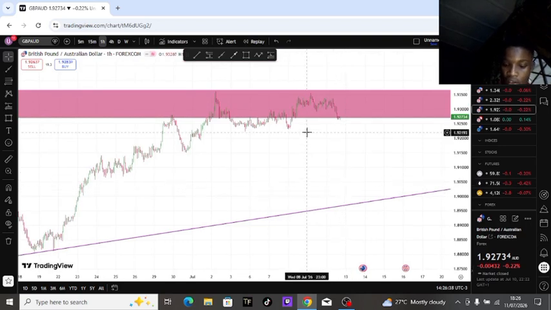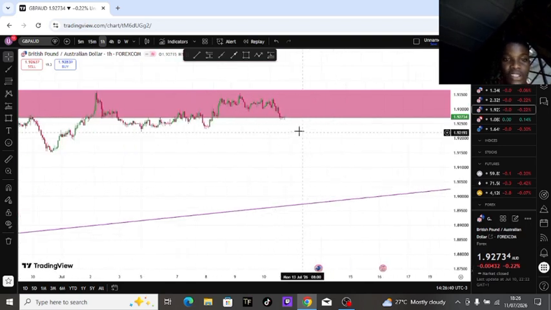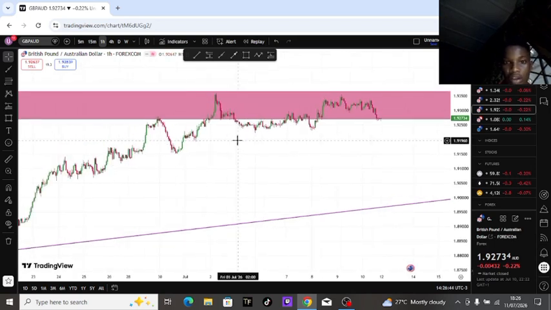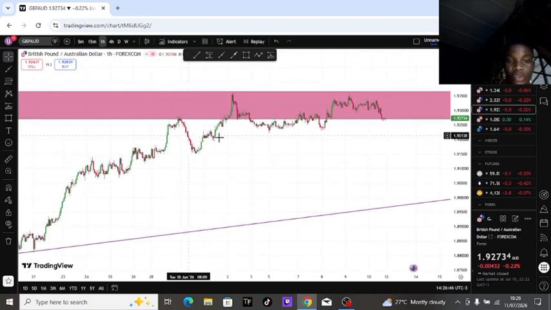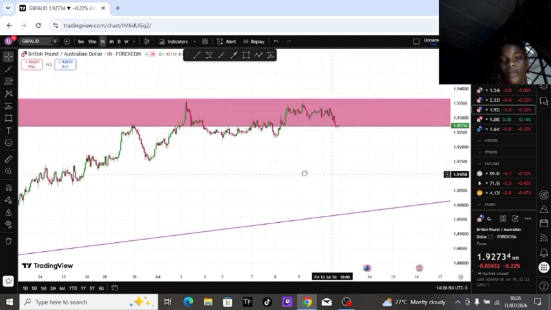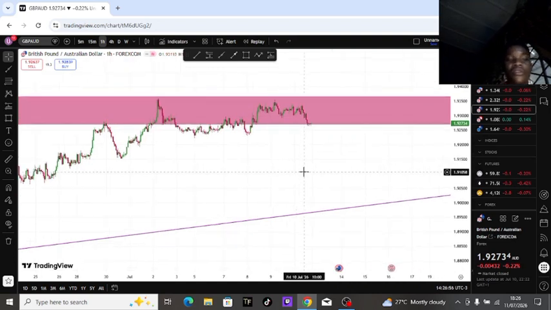Meanwhile, recently we have been having these higher highs and higher lows from our daily time frame. So I would say we'll be having a pullback maybe this week. A pullback to this level soon before heading up. The trend is your friend. Follow the trend.